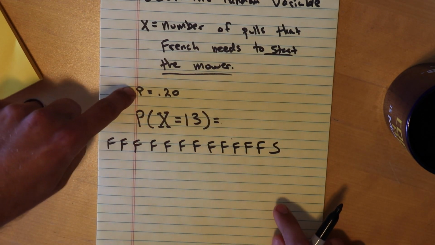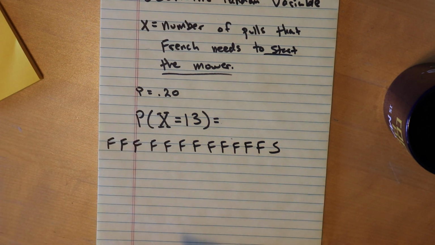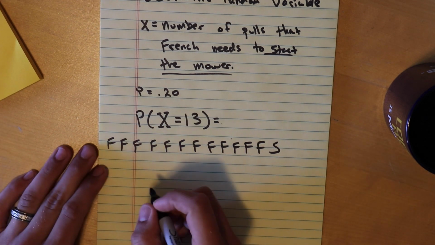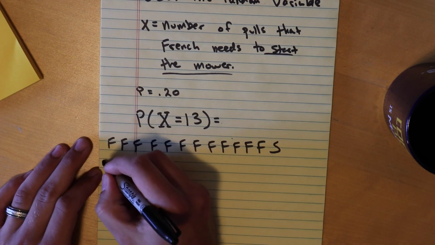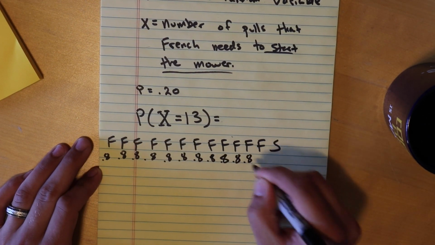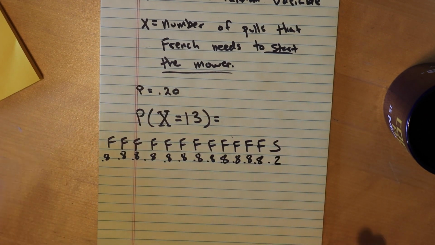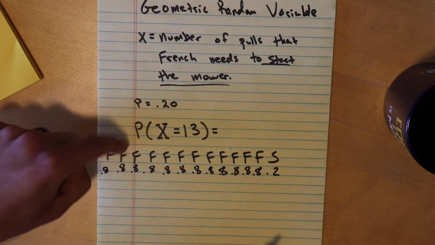So if the probability of success is 20%, that means that the probability of failure each of those times was 80%, because it's kind of an old mower. So each of these has a probability of 0.8. And then the last one is a probability of 20%. Now, I want this sequence to occur. I'm not saying I failed or I failed or I failed.